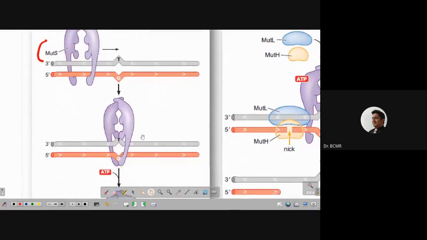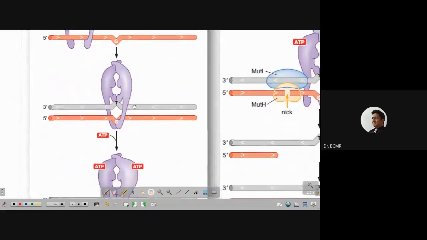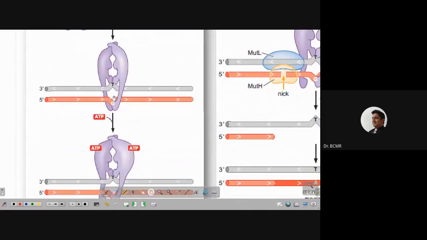Anytime a mismatch occurs, DNA is distorted a little bit. If the bases don't form hydrogen bonds properly, then there is a distortion in the DNA. At those locations, MutS binds, and there is a conformational change because of the distortion in the DNA. Where does the conformational change occur?